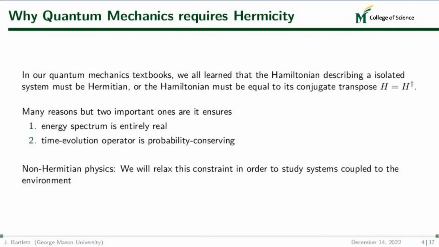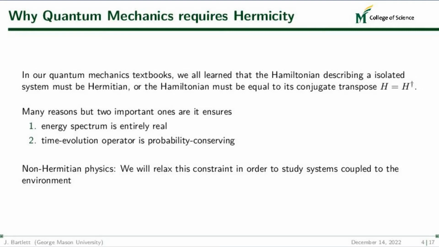But some of the main ones are, if a Hamiltonian is Hermitian, it ensures that the energy spectra will be entirely real. A second reason is that if you look at the time evolution operator, it will be probability conserving. So these are two of the big reasons why this Hermitian constraint is imposed.